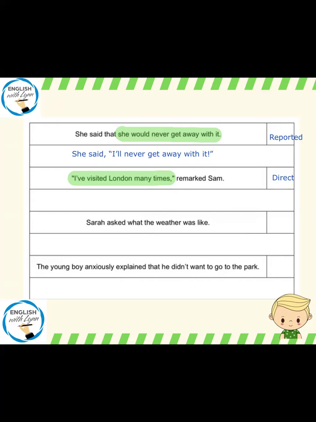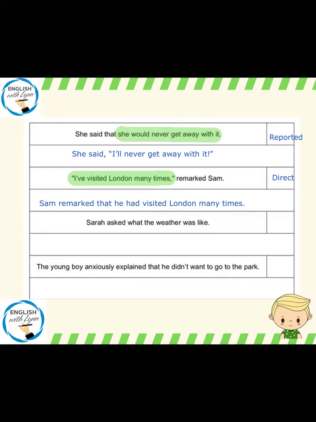Okay, so we're going to have Sam remarked that he had visited London, and that bit doesn't change, that stays exactly the same, many times. So what I've changed there, I have changed my pronoun and I have changed my tense.